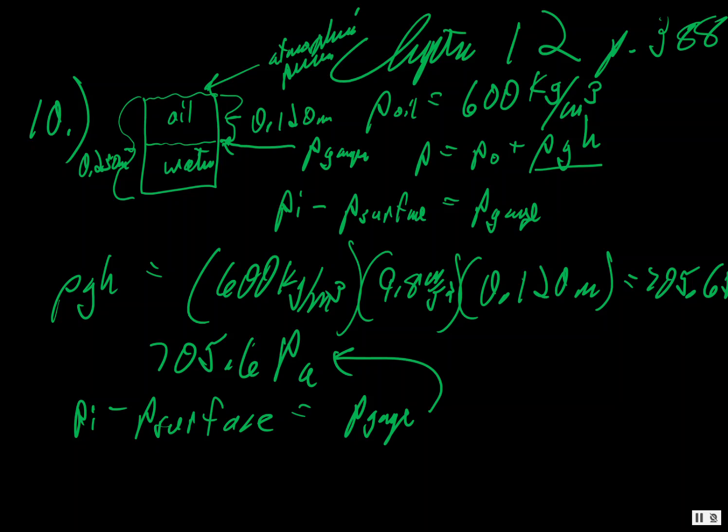Now let's look at part B, because if you put the gauge right there, that's what it's going to read. What is the gauge pressure at the bottom of the barrel? Let's just go to a clean slide. So we've got 10B.